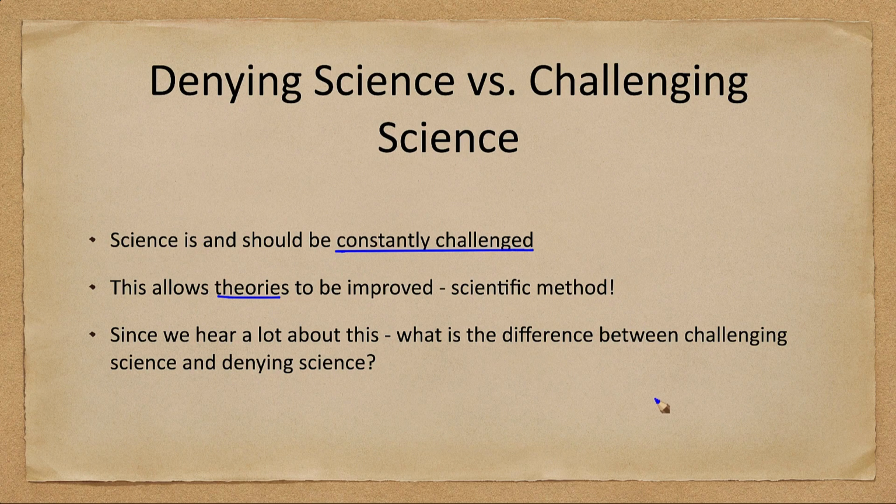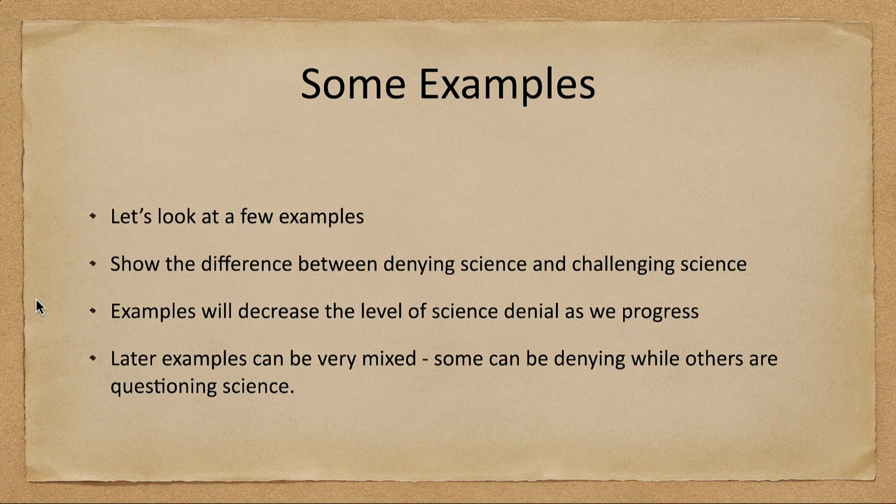So what we really want to look at here is: what is the difference between challenging science and denying science? Let's take a look at a couple of examples to get an idea of what we mean by denying science and challenging science. You can have both of these in any of these examples. I tend to look at it as the examples decreasing in the level of science denial, though there can be some variation.